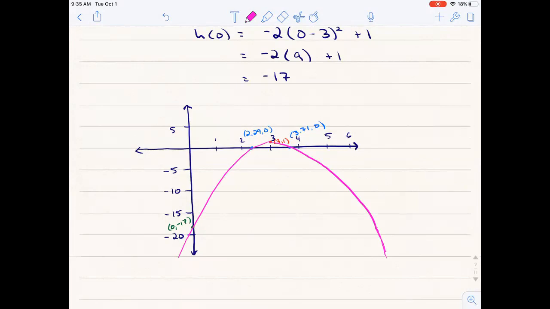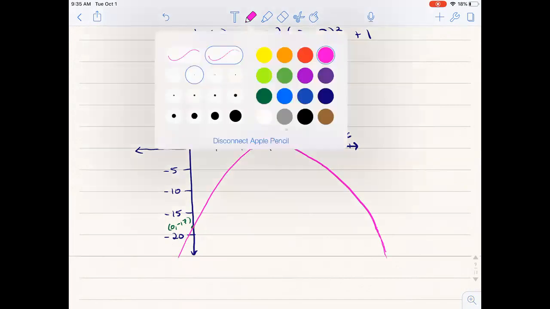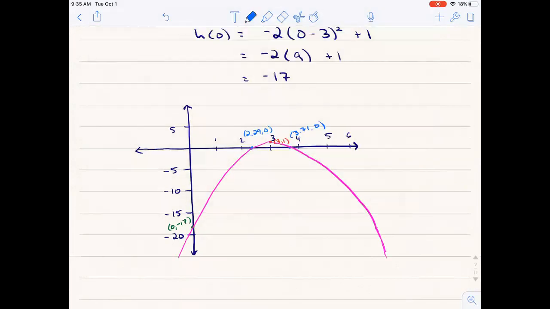I didn't do a very good job. But if we highlight here, we know that our axis of symmetry is here at x equals 3.